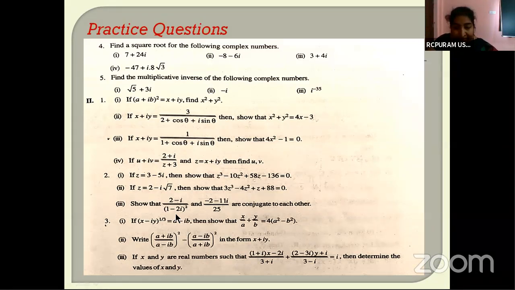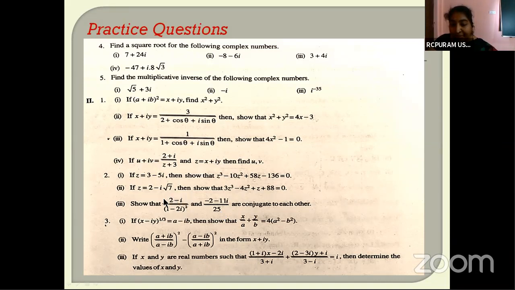And then we will just see this third bit. Show that (2 minus i by 1 minus 2i) whole square and (minus 2 minus 11i) by 25 are conjugate to each other. Now, how to do this problem?